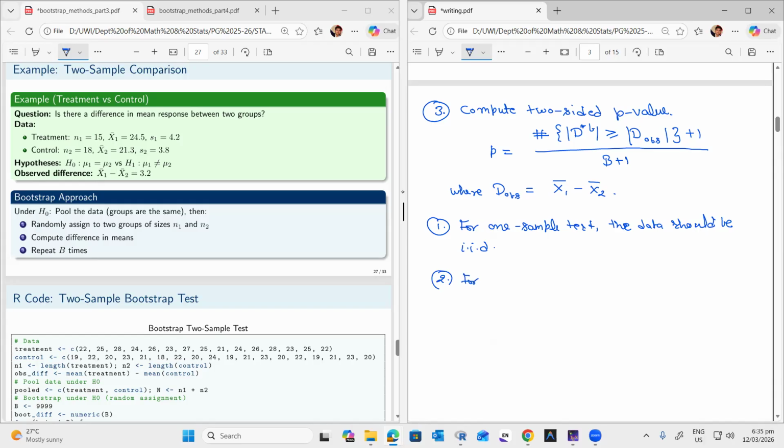The second assumption is for the two sample test. Under the H naught, the two populations are identical, and not just equal in means.